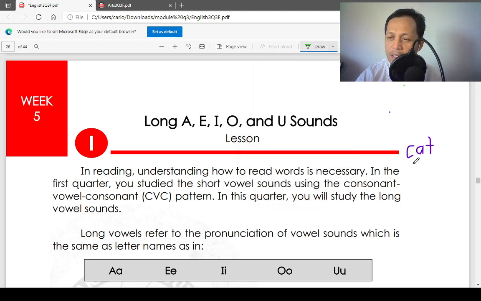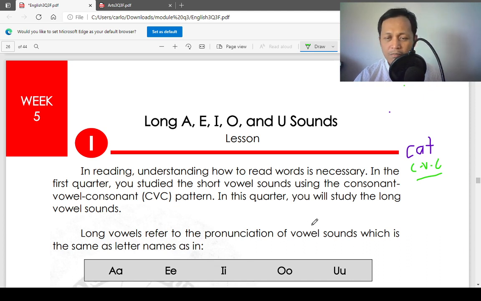So C is a consonant, A is a vowel, and T is also a consonant. So this is what we call the CVC pattern, or consonant vowel consonant pattern.